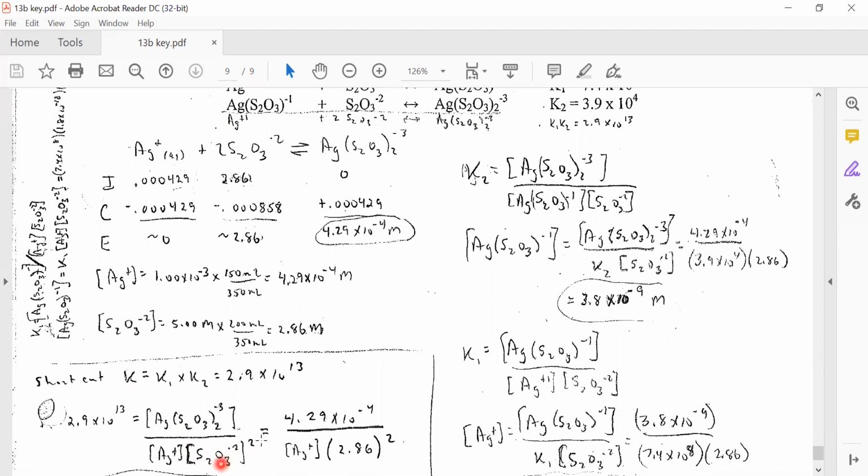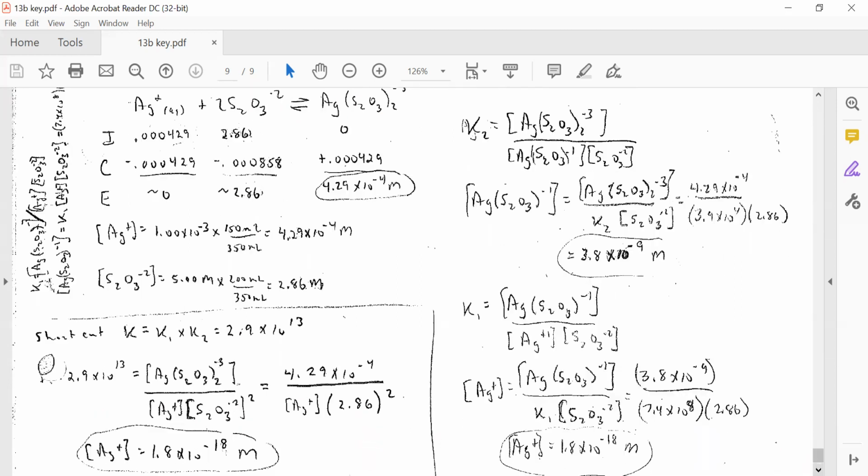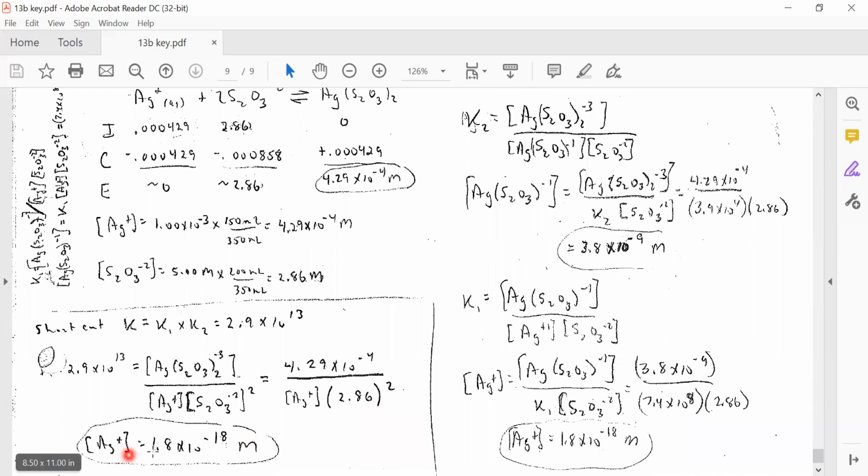And what happens is I plug in the 4.29 times 10 to the negative fourth from here. I don't know Ag, and I know that the S2O3 is the excess thing right here, so that's the 2.86. And I look at this, and I get Ag plus, in this case, is 1.8 times 10 to the negative 18. Okay, again, not real.